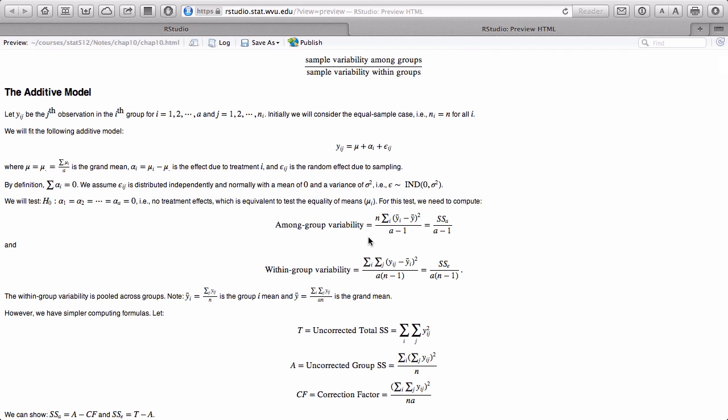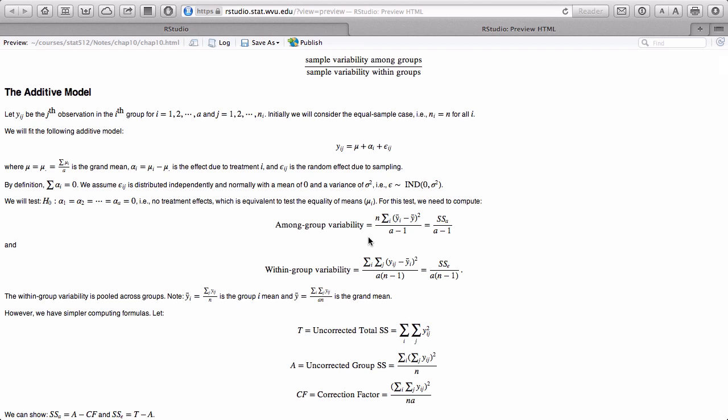And from the point of view of the matrix algebra that's done internally, you have created a singularity. And you have to remove that singularity in some way. What the book does, and what JMP does, but not R or SAS, is to set the sum of the alpha sub i's equals 0, and then that removes the singularity.